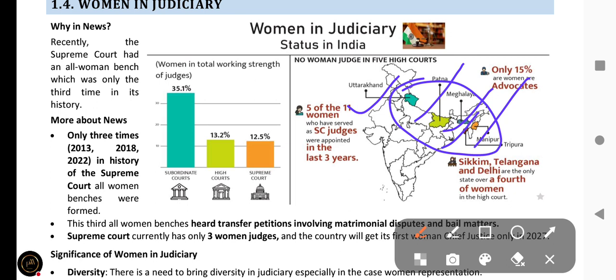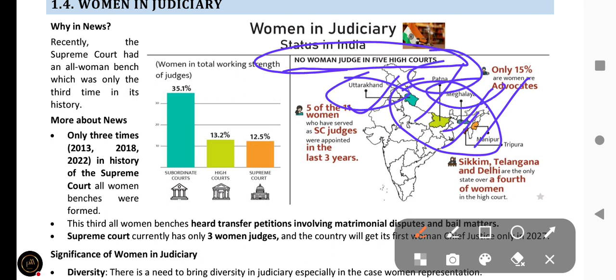These have no women participants, or very few women participants in the judiciary. Okay, here these are five states where no women judges are practicing in the High Court: Uttarakhand, Patna, Meghalaya, Tripura, and Manipur. So these are five states.